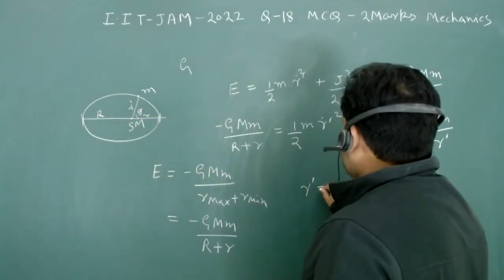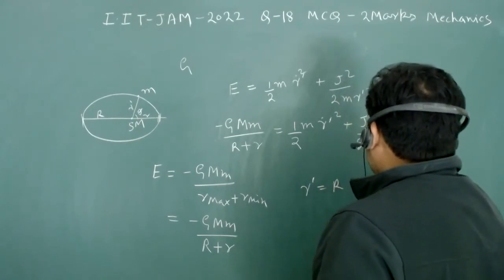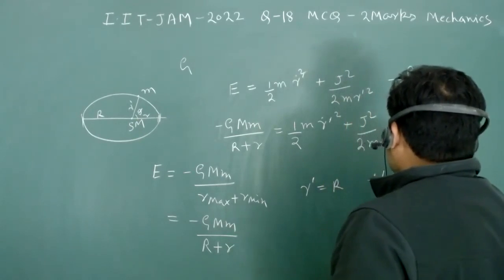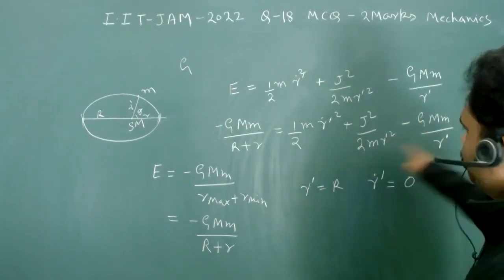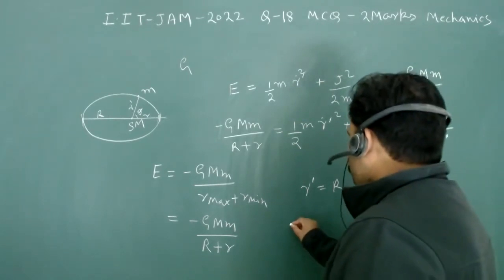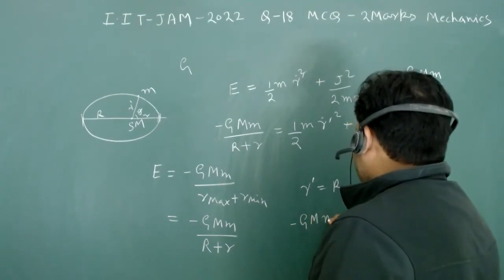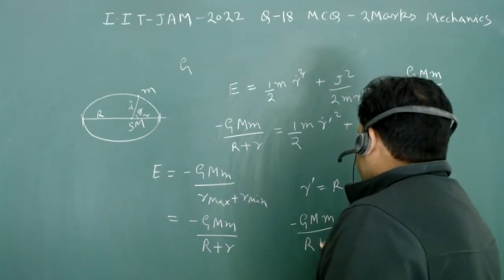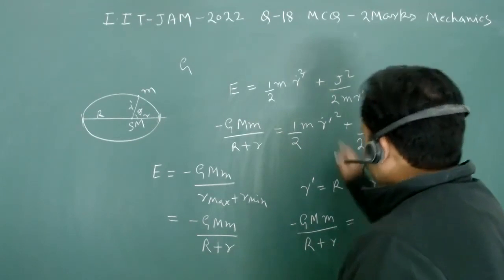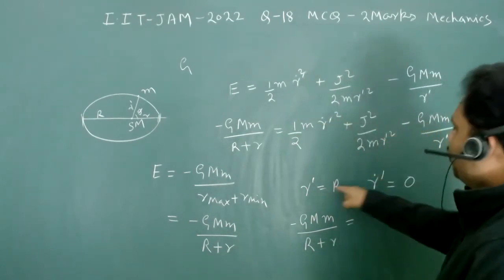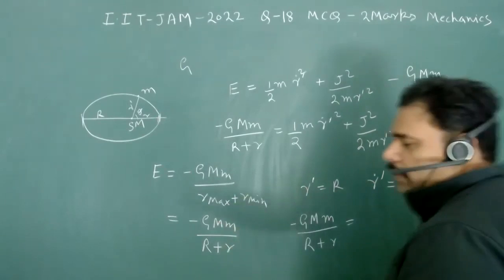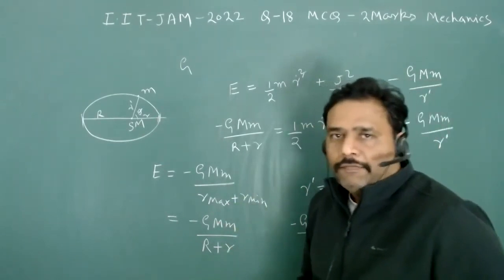So at r dash equal to R, we have r dash dot equal to 0. So we can put all this here. This value is minus G capital M small m upon R plus r, and the right side is, with r dash dot equal to 0, at r dash equal to R. You can check it with r dash equal to small r also, the answer will be the same.